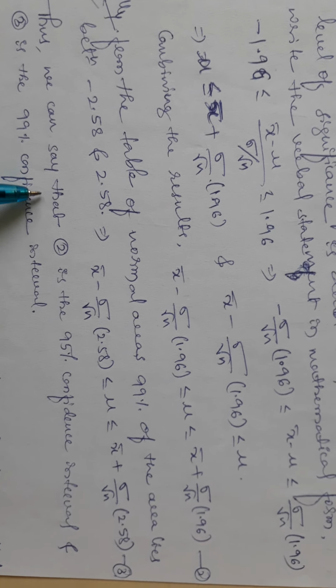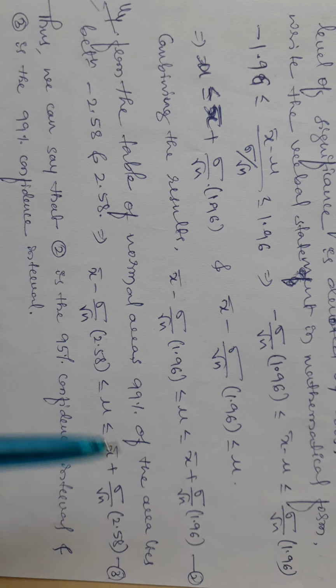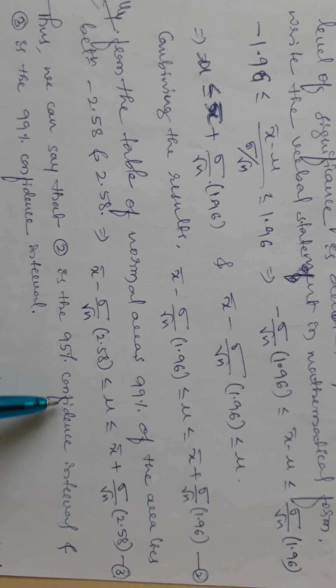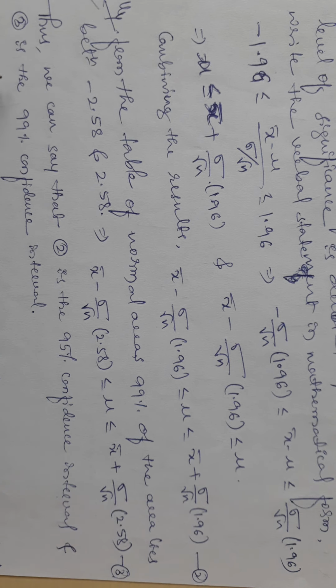Thus, we can say that equation number 2 is the 95% confidence interval, and equation number 3 is the 99% confidence interval.